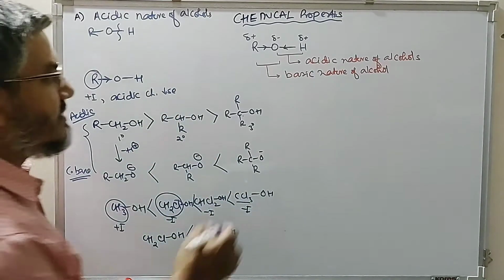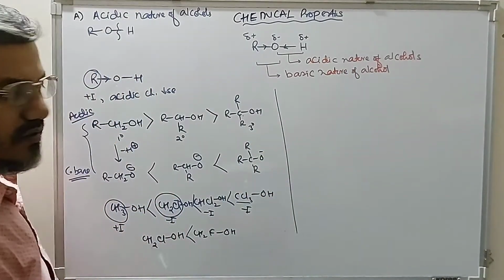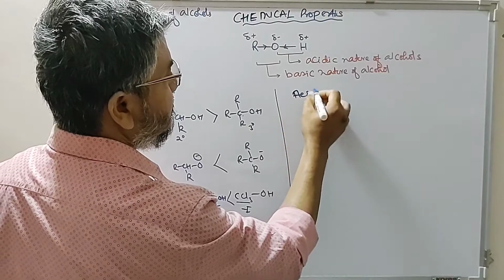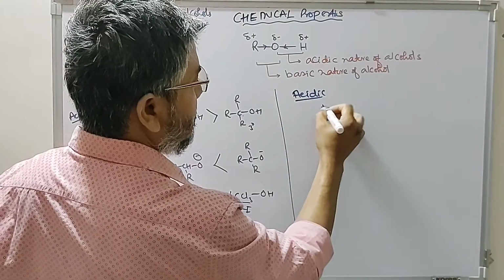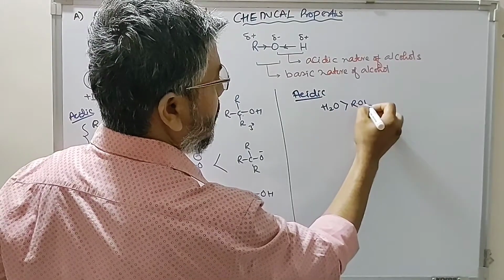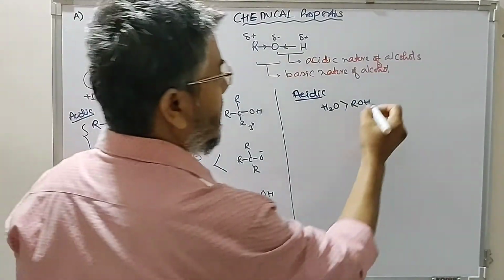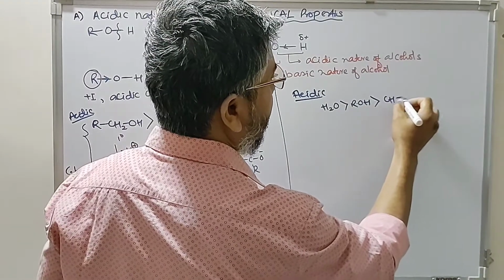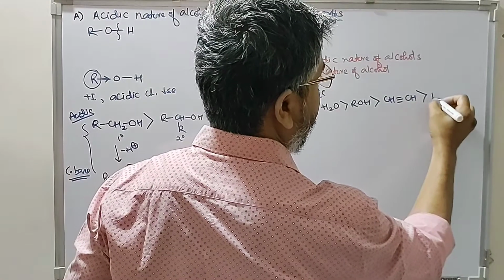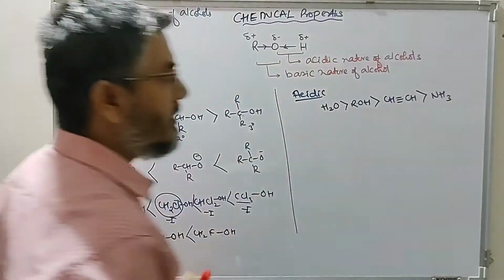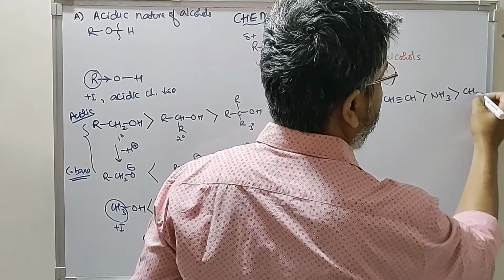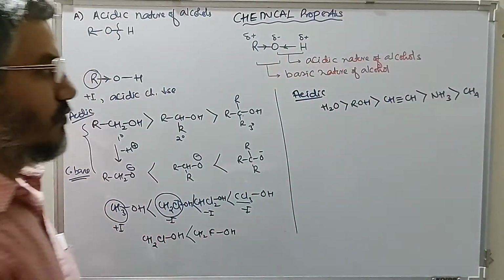When we compare the acidic nature of different compounds, look at this. Water is more acidic than alcohols. Alcohols are more acidic than acetylene, acetylene is more acidic than ammonia, and ammonia is more acidic than CH4.